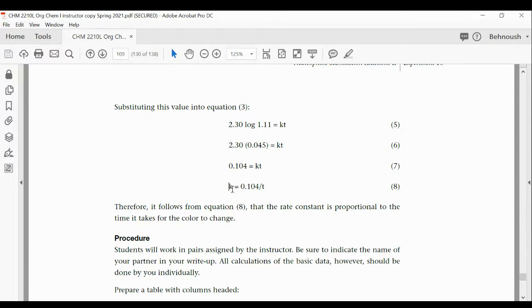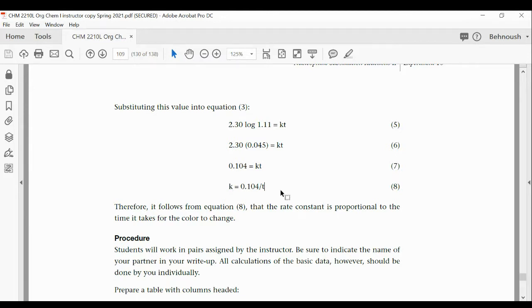And a simplified equation to calculate the value for K is 0.104 divided by T. T is the time. How long did it take? Then you can find the value for K.